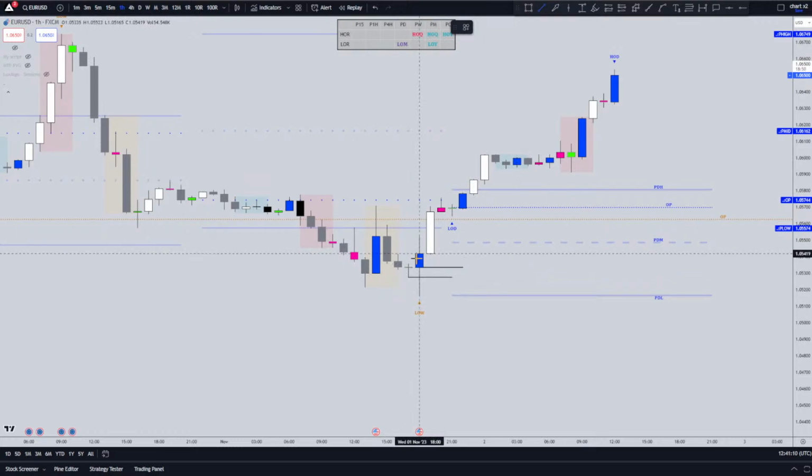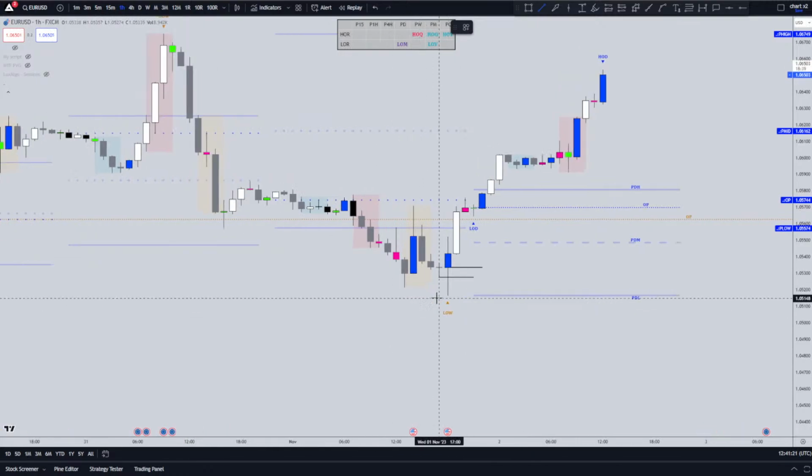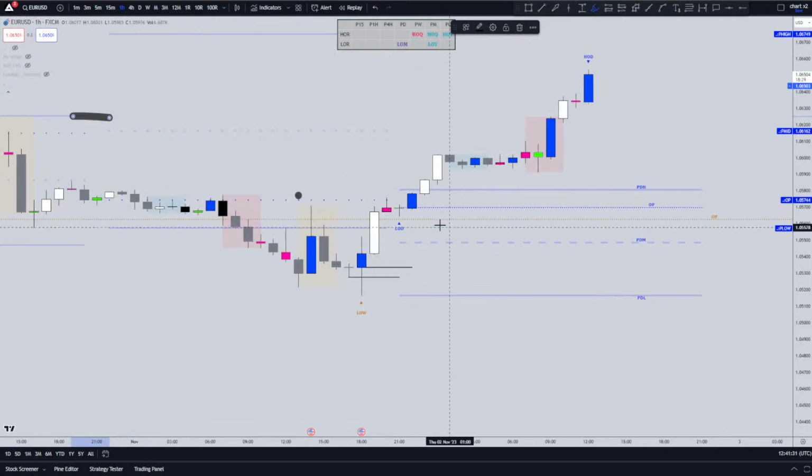In this case, it took out the previous bar's high, but as we know, that's the low of the day. So if the daily candle flips and this low isn't put in place, it's going to go up, take the open and take the previous high. This was late, so it's a new day opening.